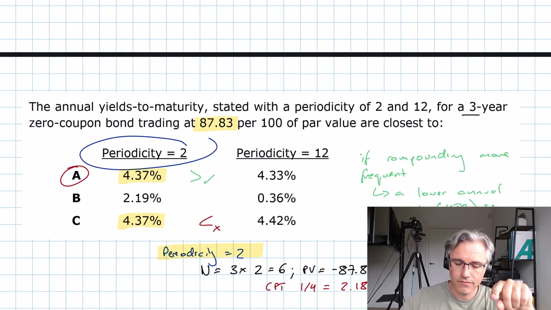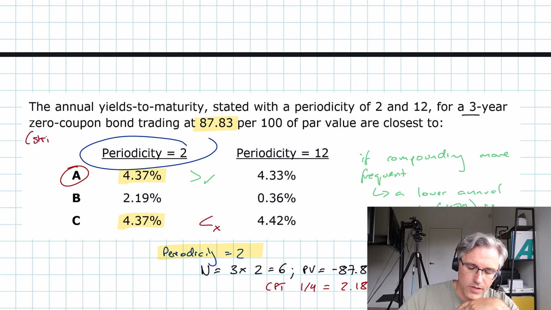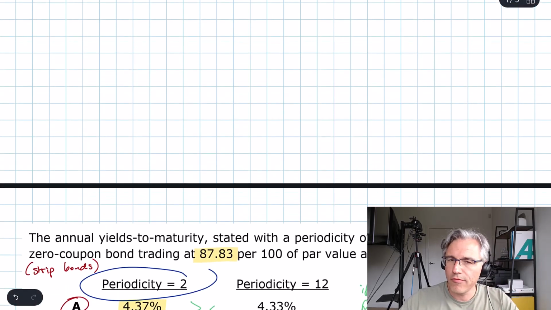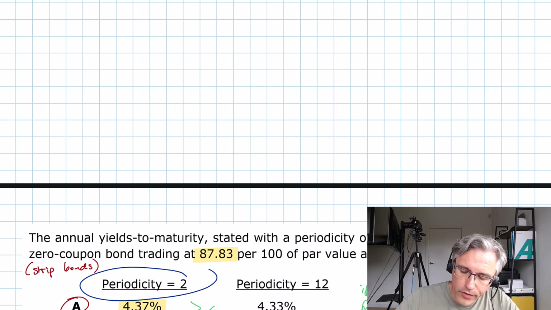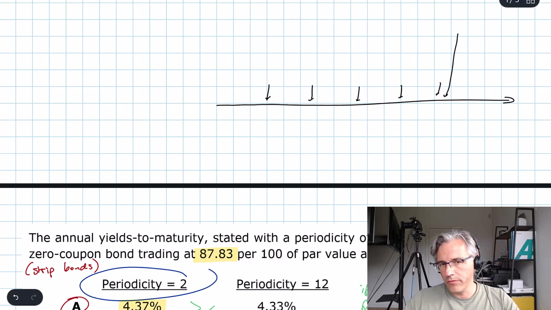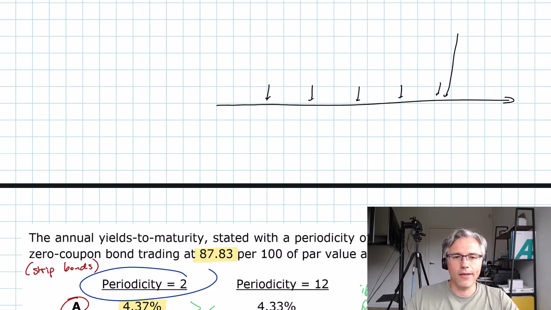Now, let me go back for a moment. I talked about zero coupon bonds being similar to strip bonds, so let me say a few words about that. You can create what effectively is a zero coupon bond out of coupon paying bonds. If you take a bond that pays a coupon here, a coupon here, a final coupon here, and principal on its maturity date, institutional investors can buy this bond, which is basically a package of future cash flows, and strip it apart.